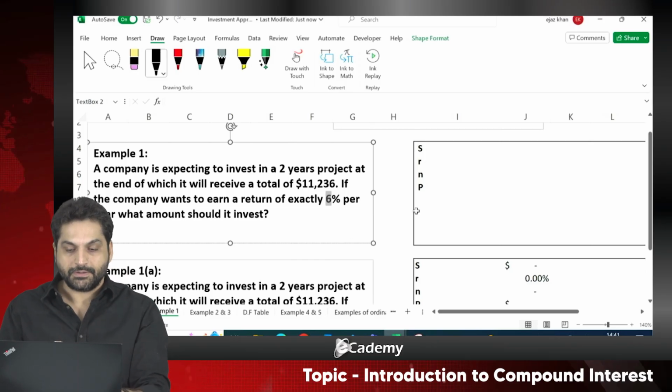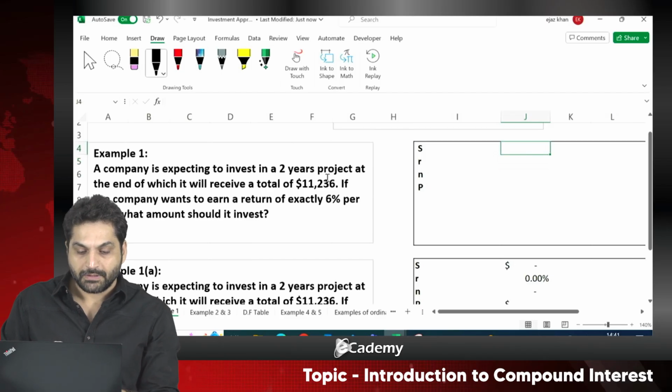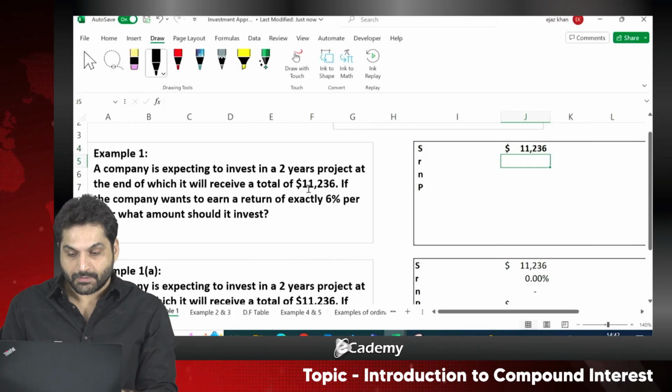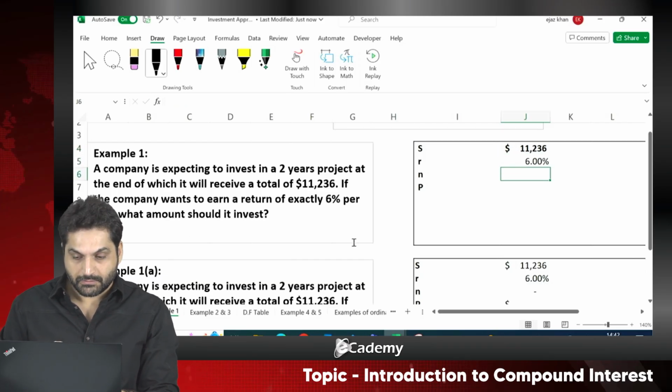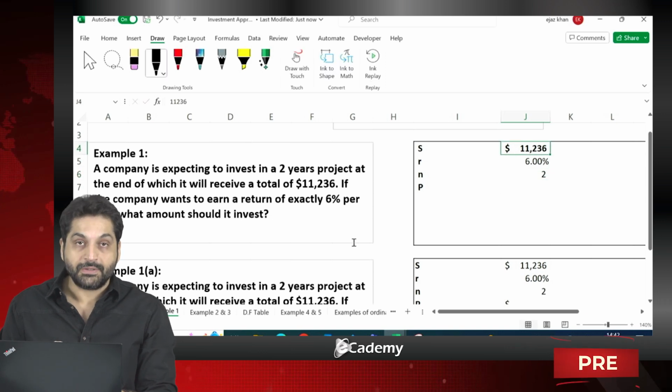I hope you've calculated it, and it's a very simple thing, right? So what's the sum? The sum is 11,236. Rate of interest is 6%. N is 2 years. That is, this amount will be received in 2 years' time.